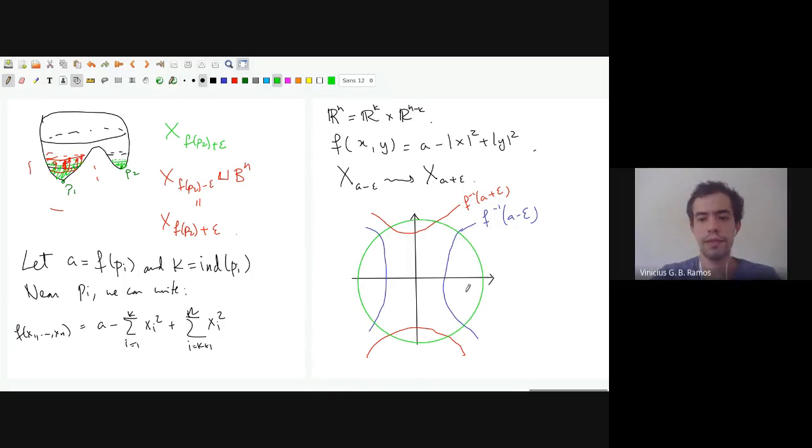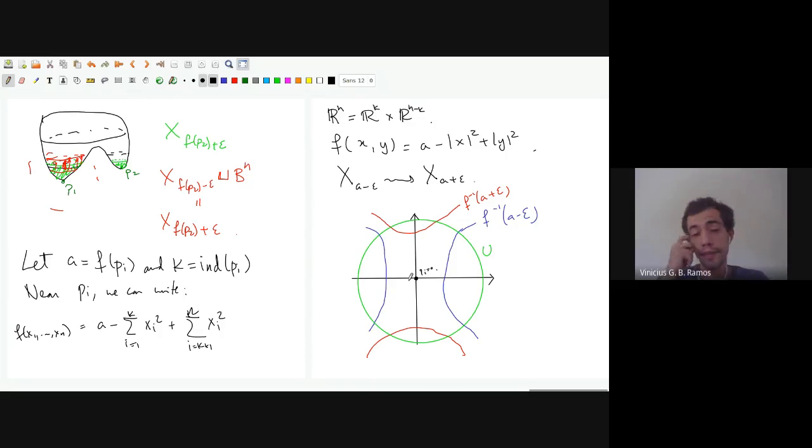So this is my U, my Morse chart. Okay. So this point here is my point pi, so that's 0. And the value of the function here is a.